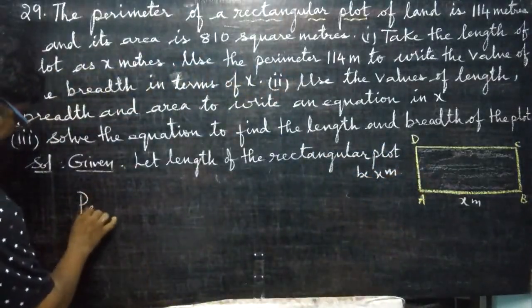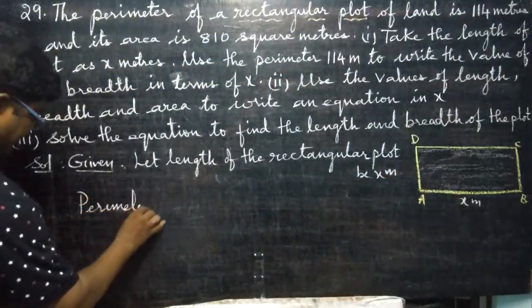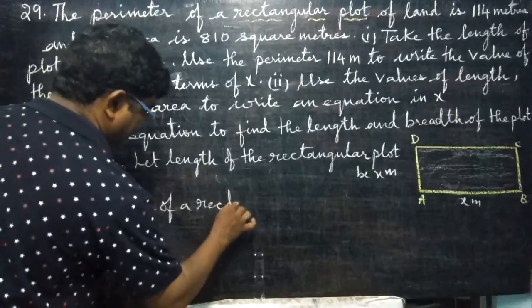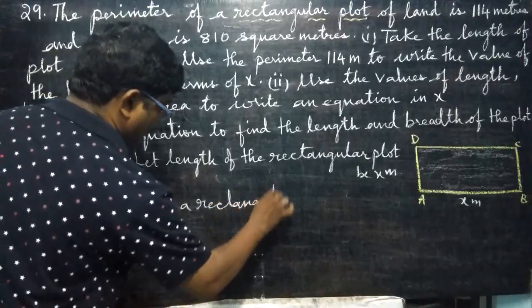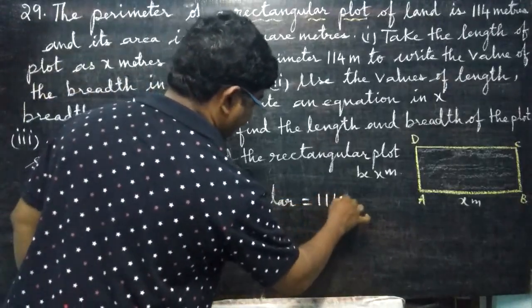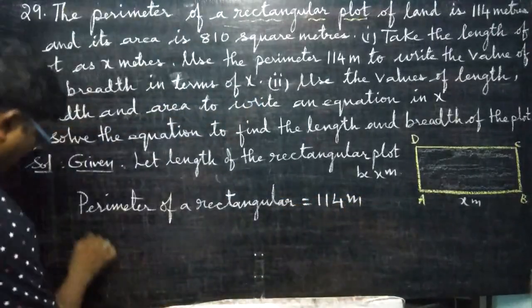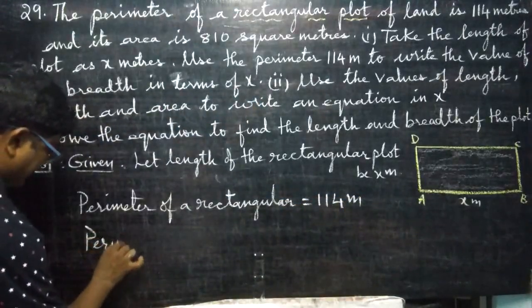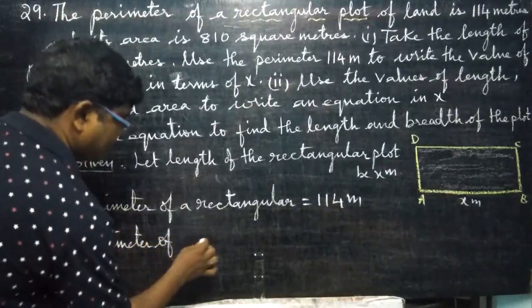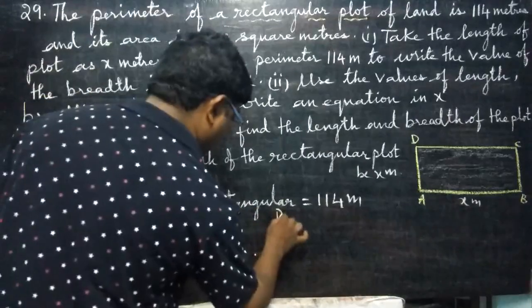Perimeter they have given. Perimeter of a rectangular plot. How much they have given in the problem? 114 meters. And what is the formula? Perimeter of a rectangular plot.